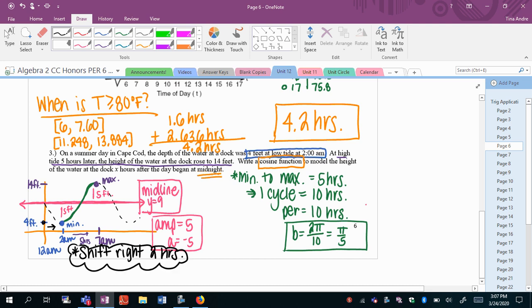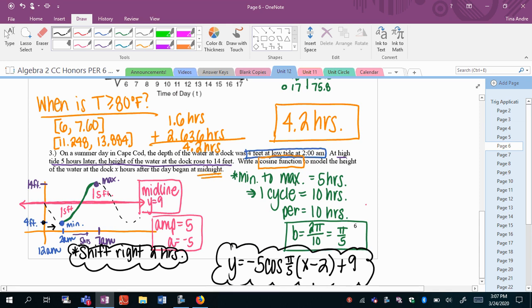So when we take all of this information, we write our cosine function, it's going to be y equals, so it's a -5 because we went down, cosine, the b value is pi over 5. Since there's a horizontal shift, the horizontal shift goes in parentheses. The b value, remember, goes in front. Since I'm going to the right, it's going to be x minus 2, and then the midline is +9. So there is our cosine function.